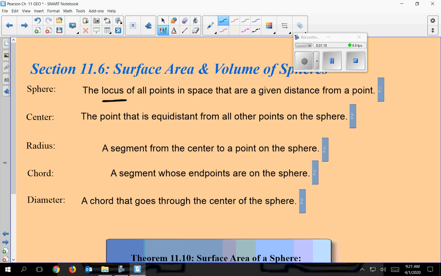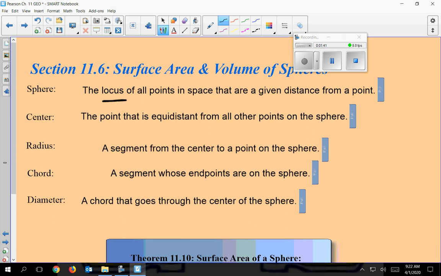So it's just a fancy word for the series of points that make up a circle or a sphere. Okay, we know the center, we've talked about center a lot in different things. It's equidistant, so it's the middle of the circle, or in this case, the middle of a sphere. A radius, we've talked about, it goes from the center out to a point on the circle or the sphere.